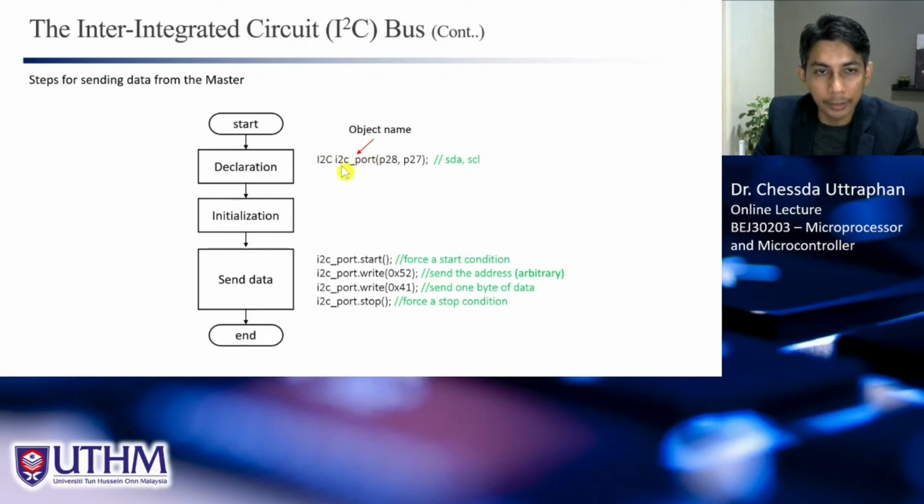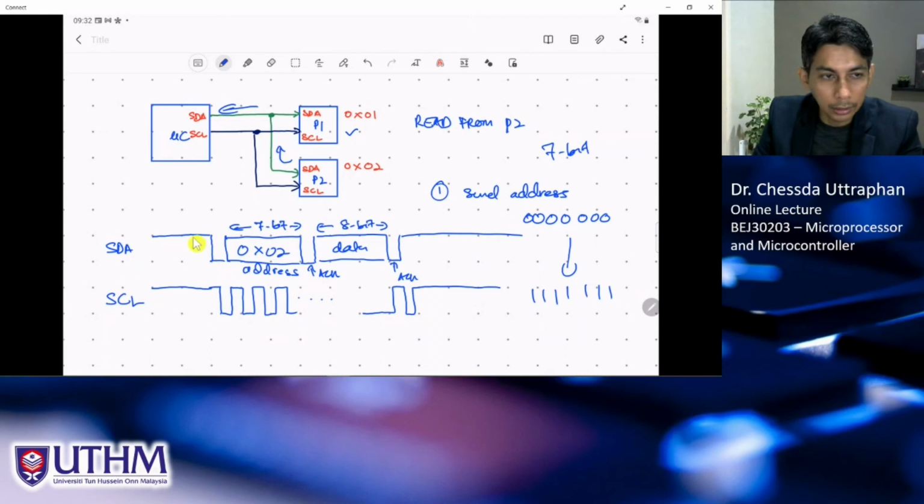In this example it is I2C underscore port, and later on you will use this object for other settings. So this is how we send the data. This is the force start condition, so easy. What is force start condition? Force start is that we make the SDA line 0. Start condition.